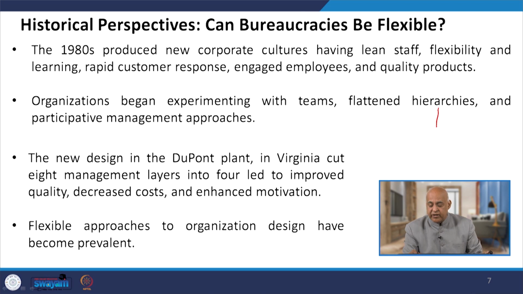The new design at the DuPont plant in Virginia is given as an example: they cut 8 management layers into 4, and many organizations have now started flattening the organization structure. When I talk about the tall structure, I will discuss it in detail later. This is a tall structure.